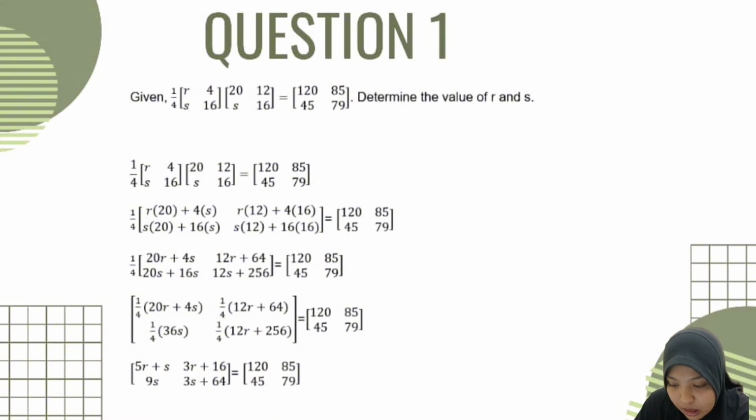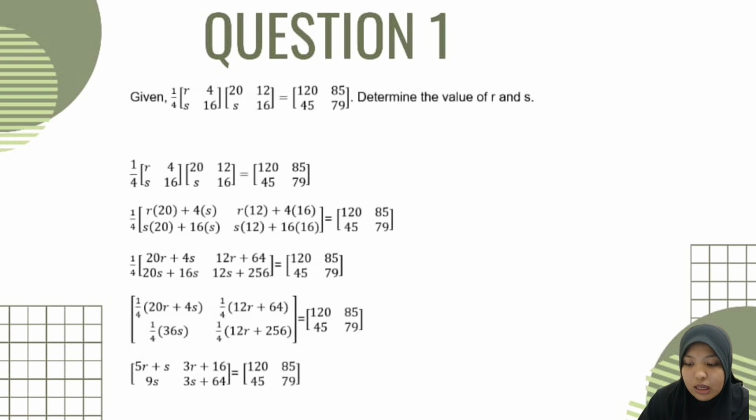So you can see in matrix 1, I multiply row 1 by matrix 2 in column 1 and column 2. Same for the second row, I multiply it by matrix 2 in column 1 and column 2.